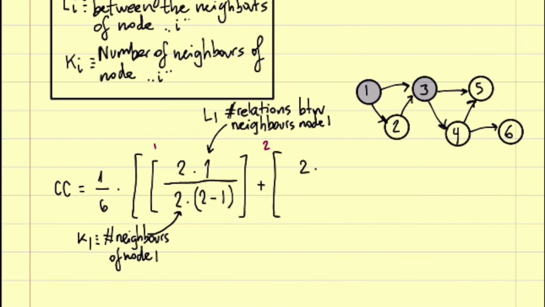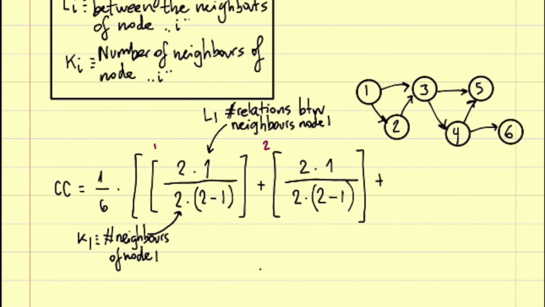The number of relationships between them is 1. Divided by 2 neighbors times 2 minus 1.